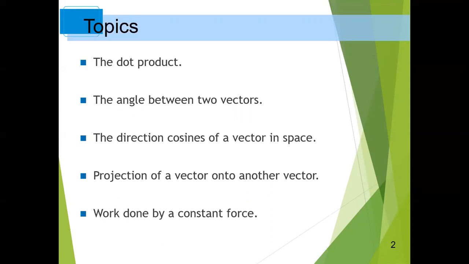Work is an actual, measurable quantity when it comes to a force acting upon an object. You can actually define work rigorously and measure it. And we'll talk about how to do that using vectors and specifically the dot product, okay?